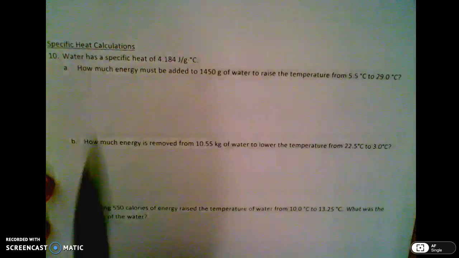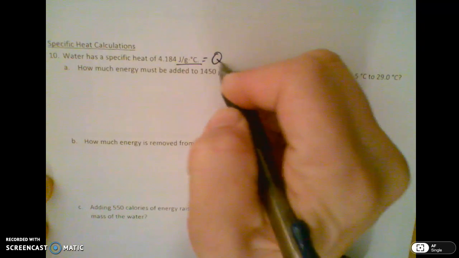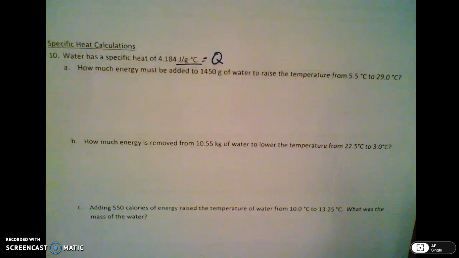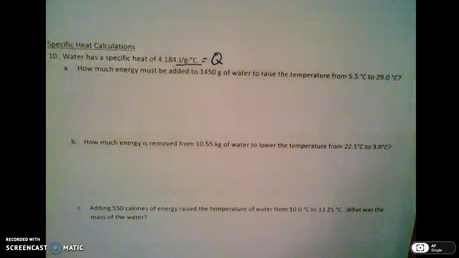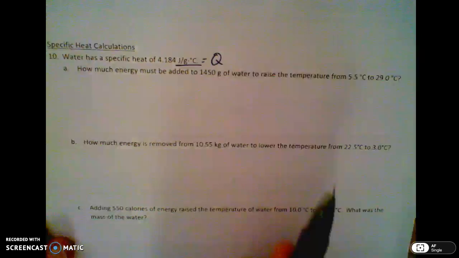We are going to go ahead and calculate specific heat. Now this right here, joules per gram per Celsius, is your C, which is your specific heat. And water's specific heat is 4.184 joules per gram per Celsius. Now we can do this one of two ways.